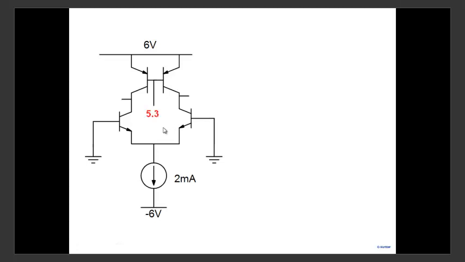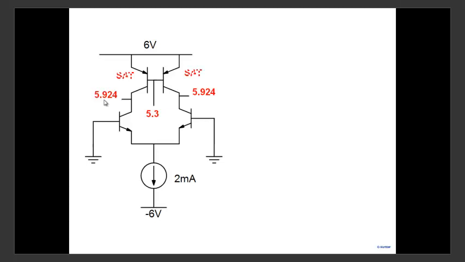As an example, we showed in the last lecture through simulations that when you bias it at 2 milliamperes, this part is biased properly, and we have to bias the PNP also. So let's say if I put 5.3, ensuring that there is 0.7 volt across the emitter base voltage here, what I end up getting is 5.9 and 5.9.